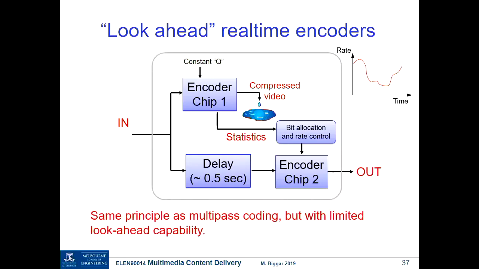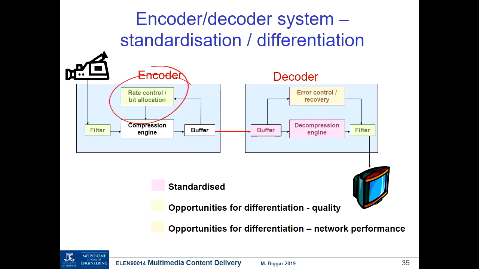So it's the same principle as multipass coding. It just means that we have limited look-ahead capability. Another thing that we can do, as shown in this earlier diagram, is here in the front end.